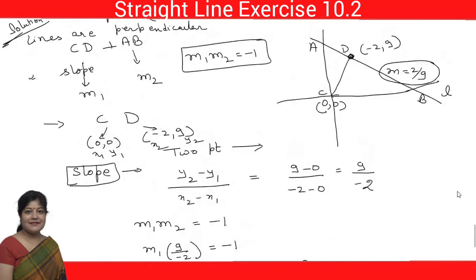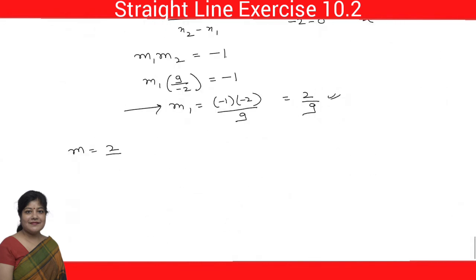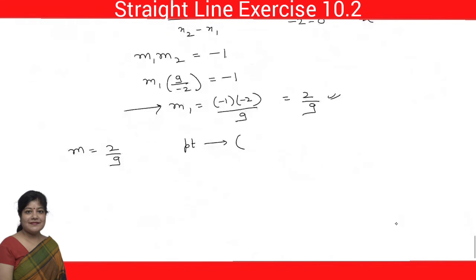And this line passes through this point. So the slope of the line is 2 by 9 and it passes through the point (-2, 9).